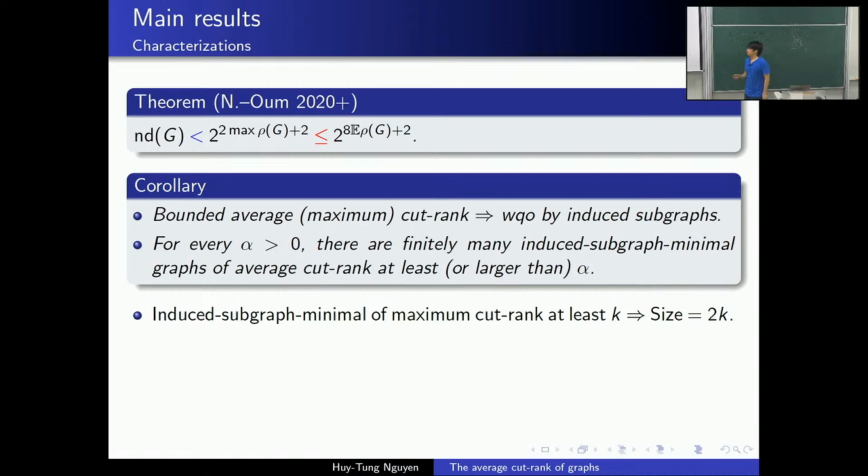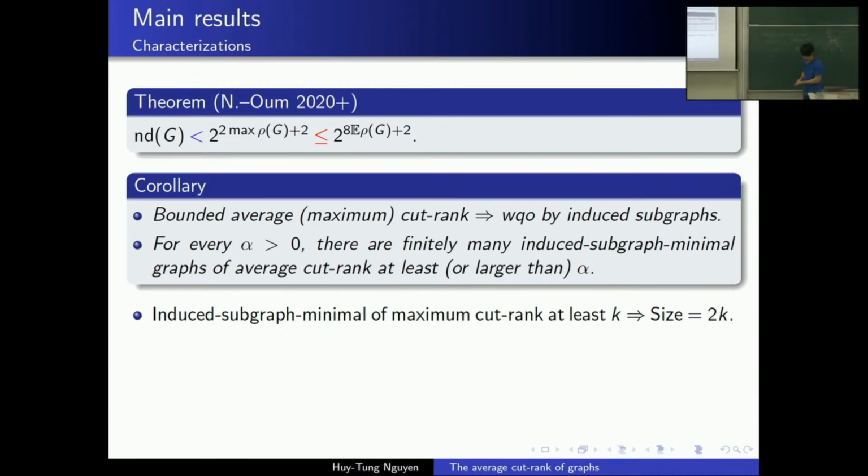So it might be natural to ask for the size of the induced-subgraph-minimal graphs of average cut rank at least or larger than alpha. But that question is not so interesting if we replace the average cut rank with the maximum cut rank, because every induced-subgraph-minimal graph of maximum cut rank at least k must have size 2k.